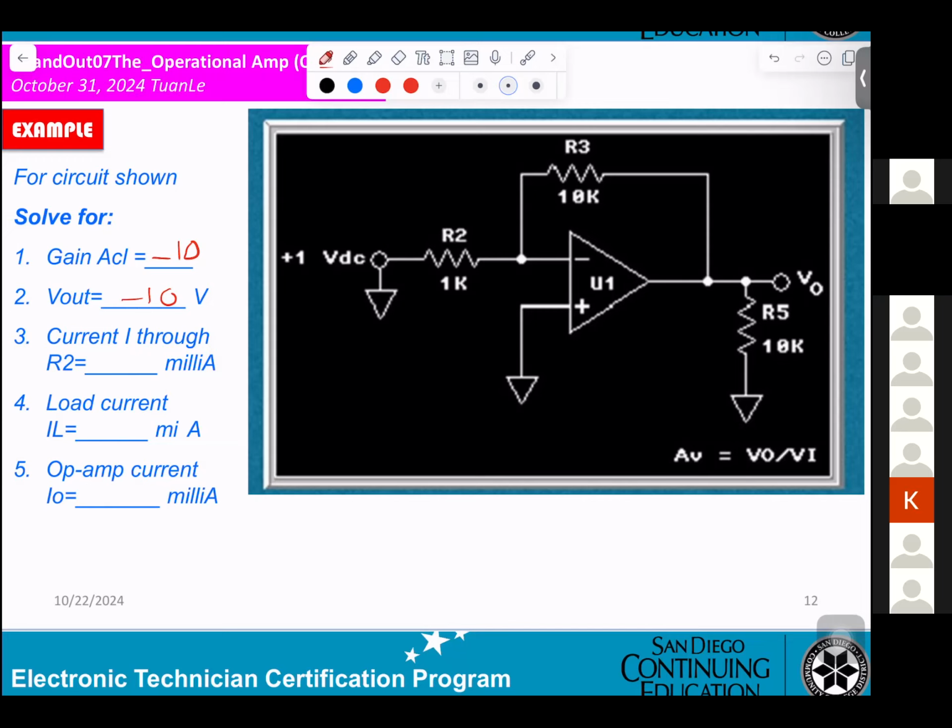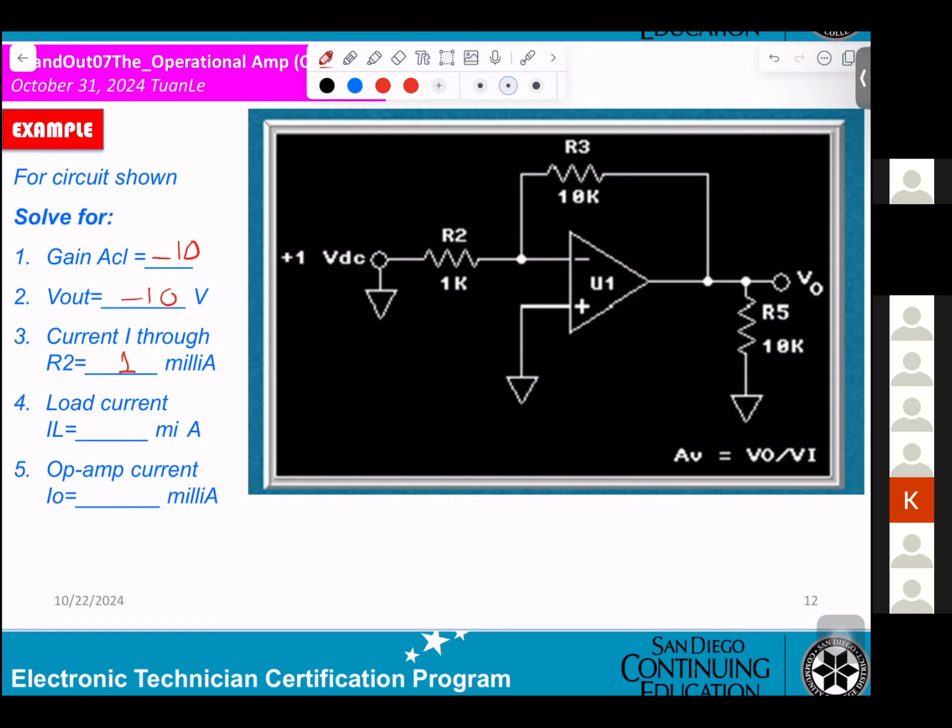So is that 1 volt? Yeah, that's a 1 volt input. Okay, so it's 1 volt divided by 1K. Correct. Which is the same as 1 milliamp. Exactly. Answer will be 1 milliamp.